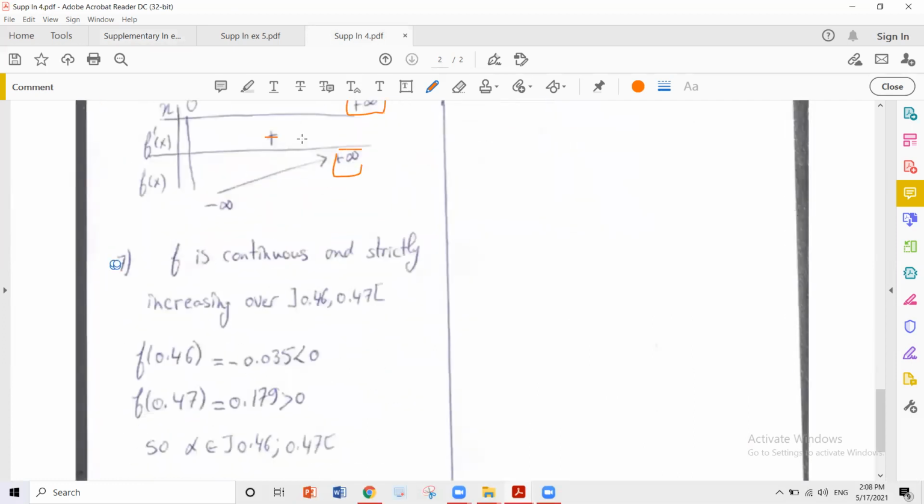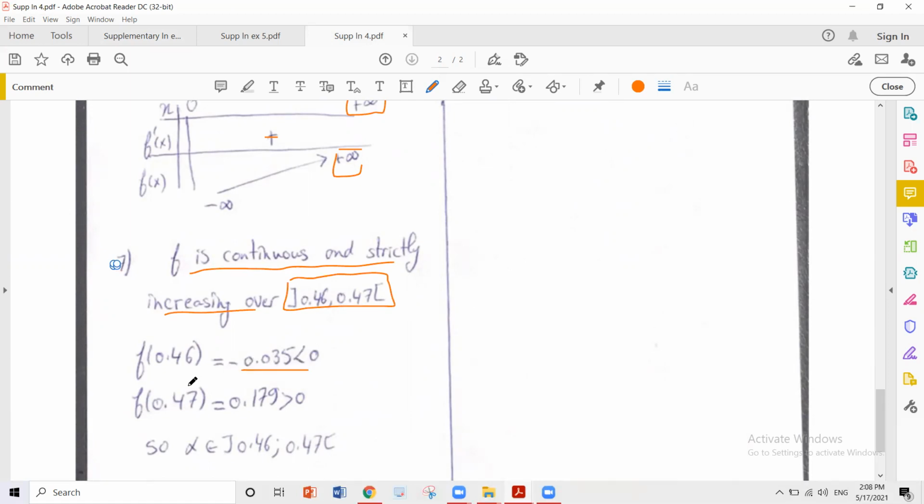For part 7, we say f is continuous and strictly increasing over [0.46, 0.47]. f of 0.46 is minus 0.035, which is negative.